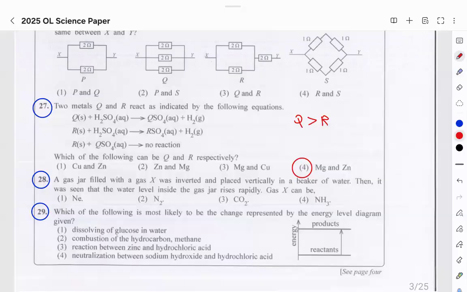Elements on the top are stronger, so they displace the bottom elements. That's what happened.